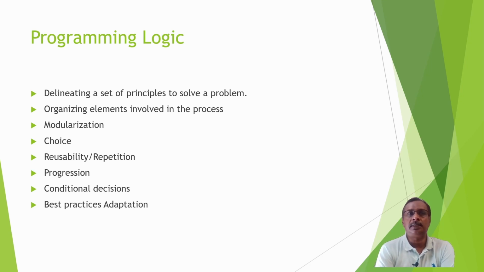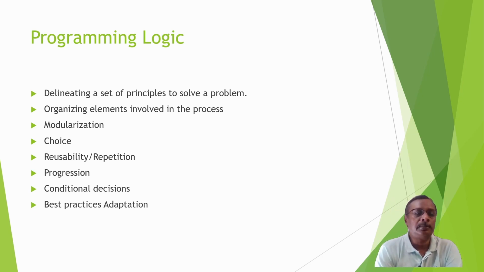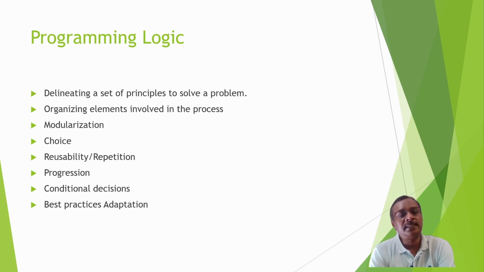Every program is written to accomplish a specific task, and programming logic is the logic we use to solve that problem. Basically, it's a set of principles that solve a problem. That is programming logic.